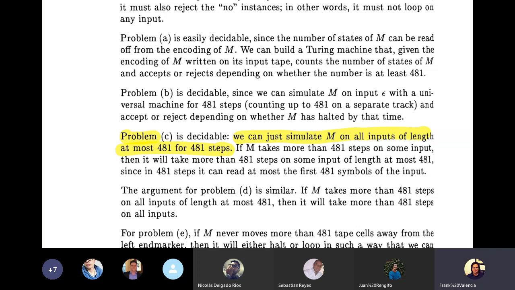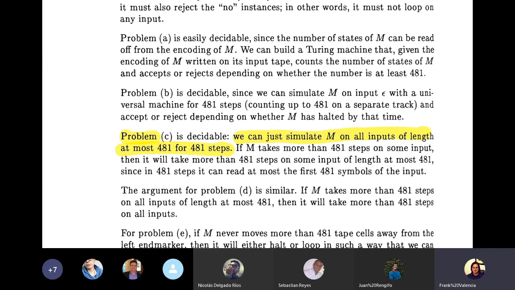So the idea is, to solve the number C, you simulate M on all inputs of length at most 481. And at most means that the length is going to be less than or equal to this one. And you do that for 481 steps.